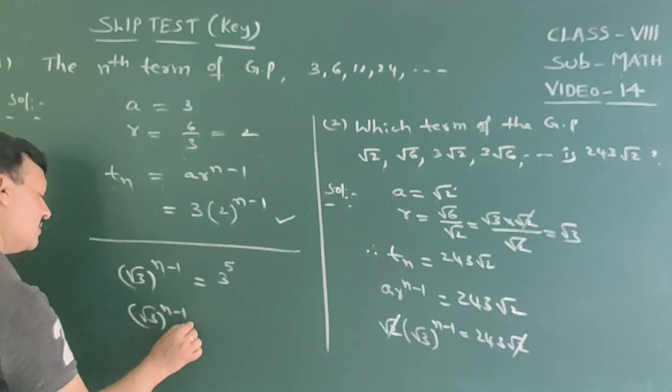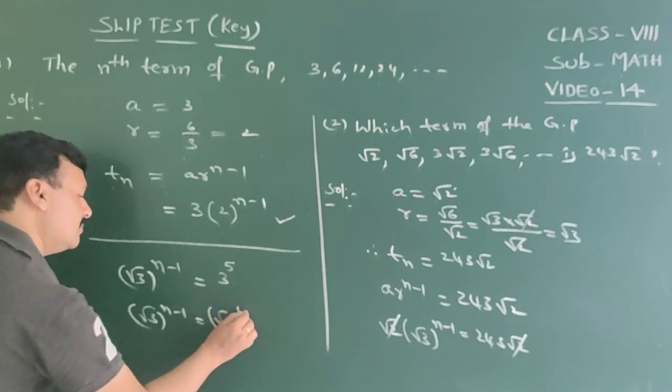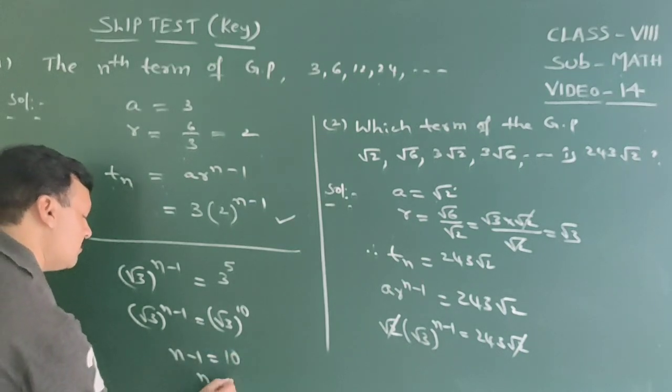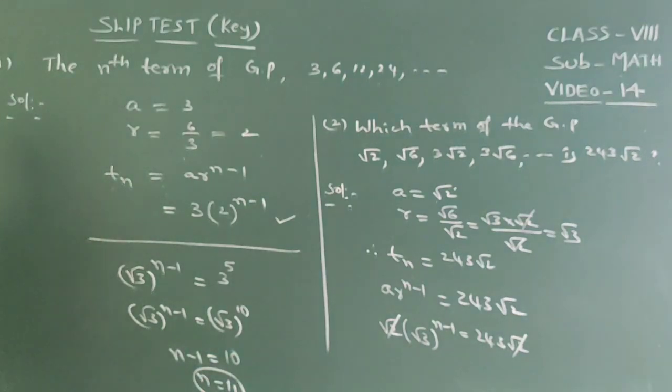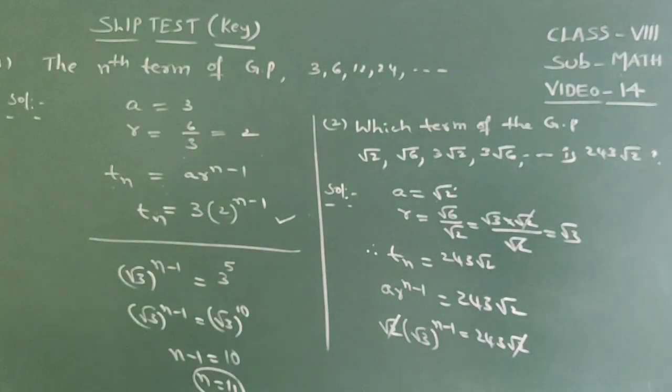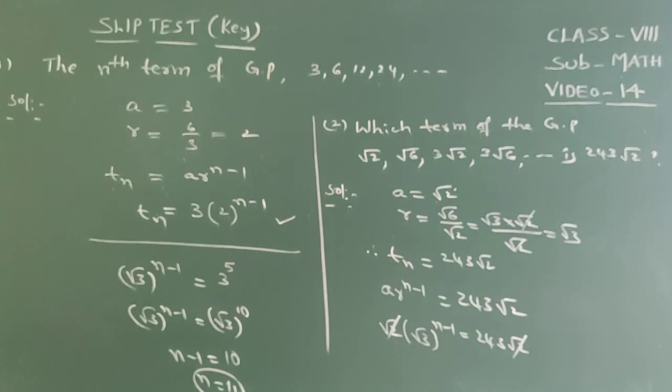So root 3 whole power n minus 1 equal to root 3 whole power 10. So n minus 1 equal to 10, n equal to 11. In the first problem, Tn equal to 3 into 2 power n minus 1. For the second one, n equal to 11 is the required answer.